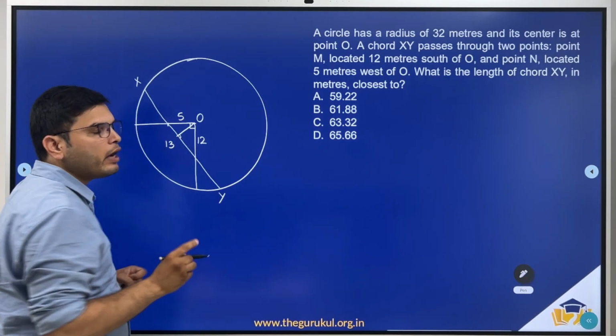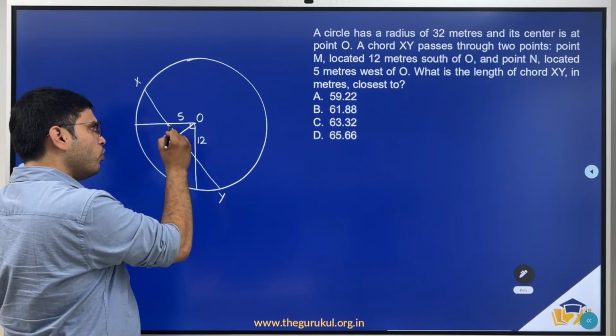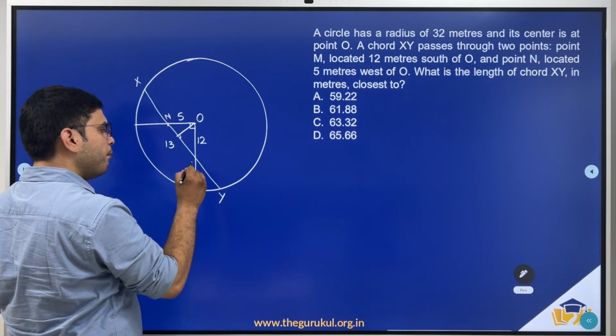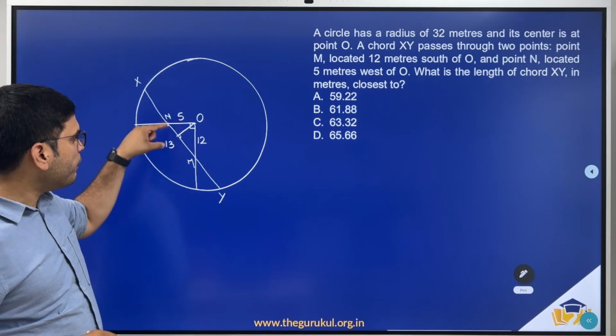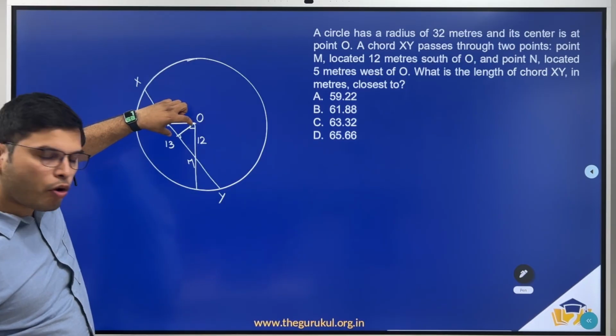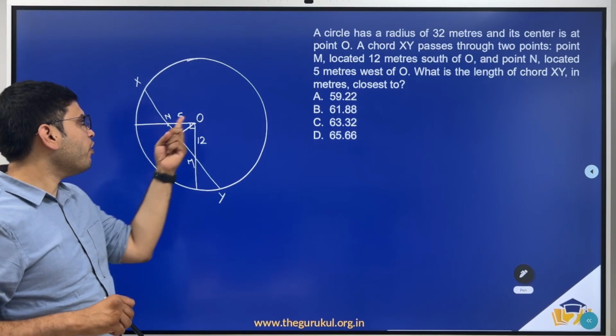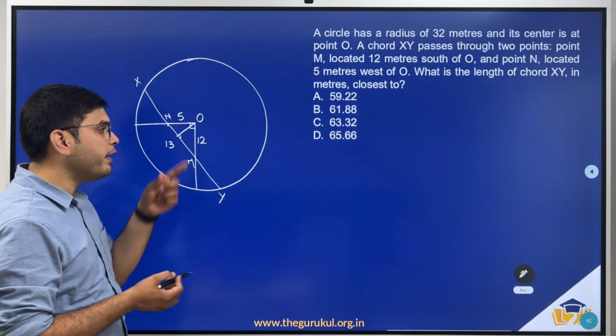Now here, to solve this question, all you need to remember is, when you drop a perpendicular from the center to any chord, that bisects the chord, right? So if I drop a perpendicular from O to side MN, on the chord XY, this perpendicular bisects the chord. And we can find the length of the altitude dropped from O to the base MN, so we can use the area of the triangle. What is the area of a right angle triangle?